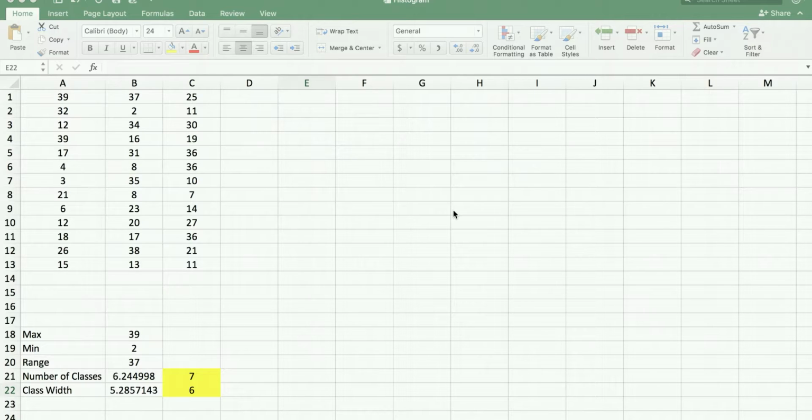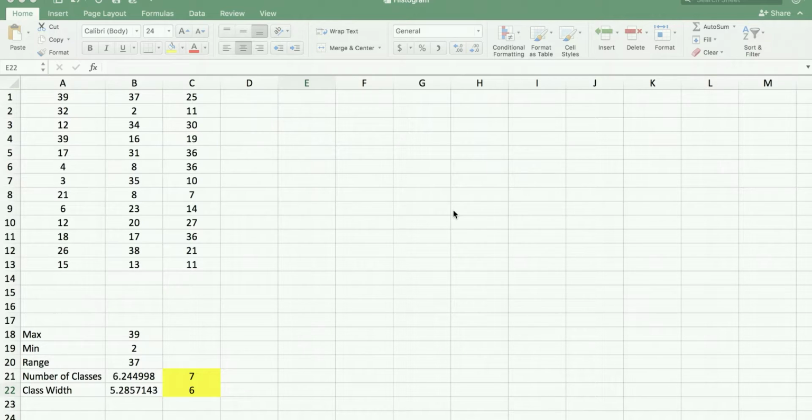So one thing to keep in mind here is that the number of classes can be calculated in different ways, okay? In general, 5 to 20 classes are suggested, and the square root method is just one of the methods to identify it, but really what we do in real life is to possibly try different numbers of classes to best represent the shape of the distribution, okay?